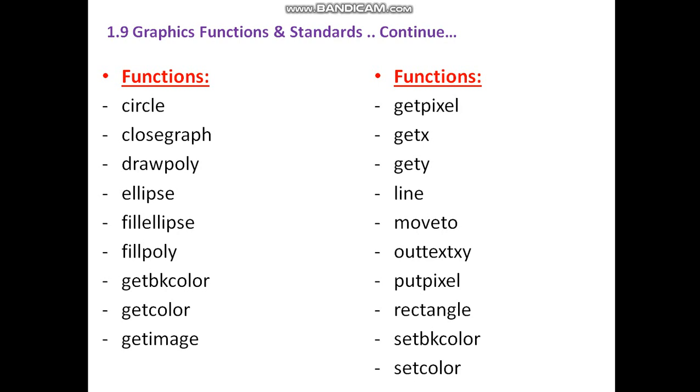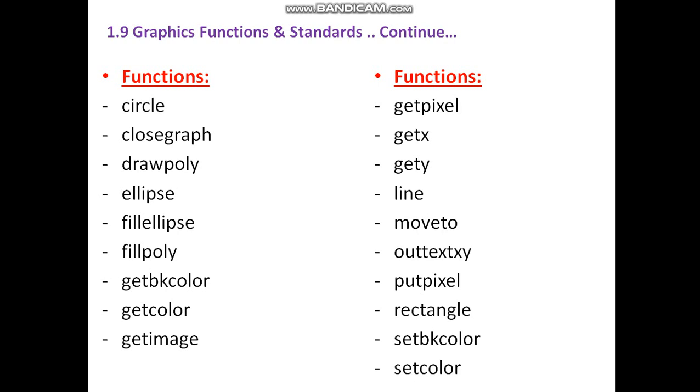Getimage copies an image from the screen to memory. Left, right, top, bottom define the area of the screen from which the rectangle is to be copied. Bitmap points to the area in memory where the bit image is stored.